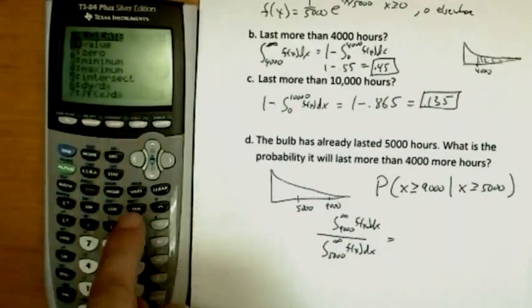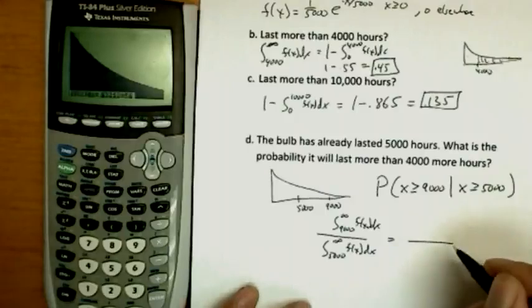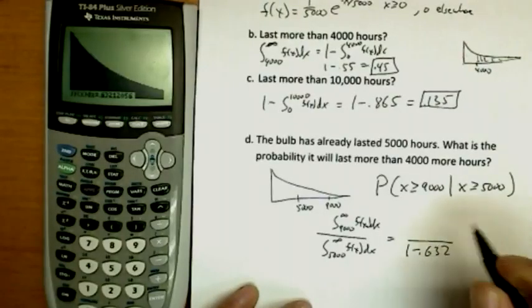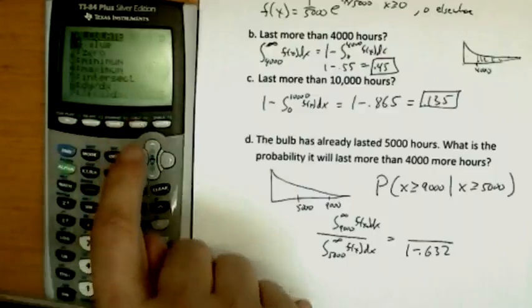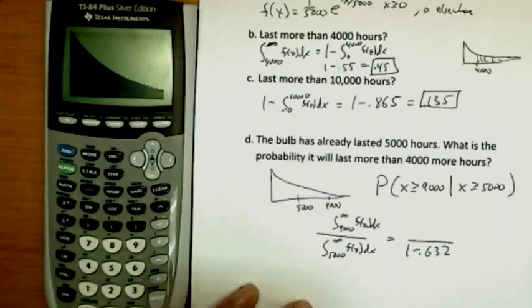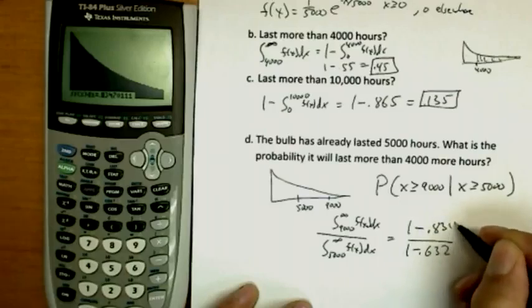So if I do that real quick with an integral, lower limit 0, upper limit 5,000. For some reason it keeps the old shading on this calculator, which I'm not real thrilled about, but this is going to be 1 minus 0.632. And on top, we repeat, lower limit 0, upper limit 9,000, and I'll have 1 minus 0.834.